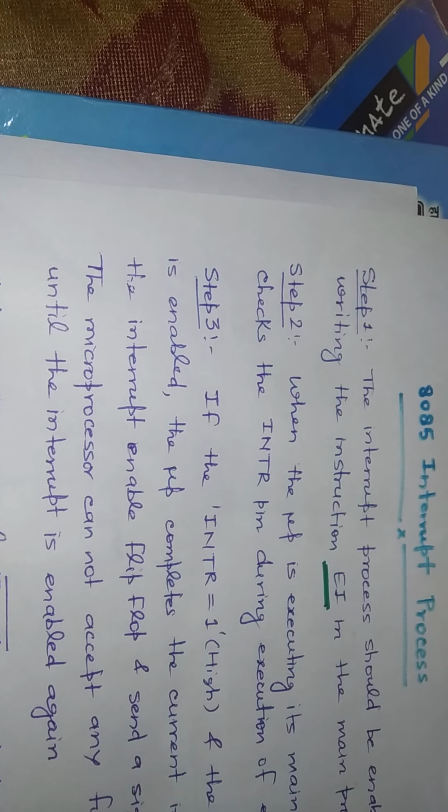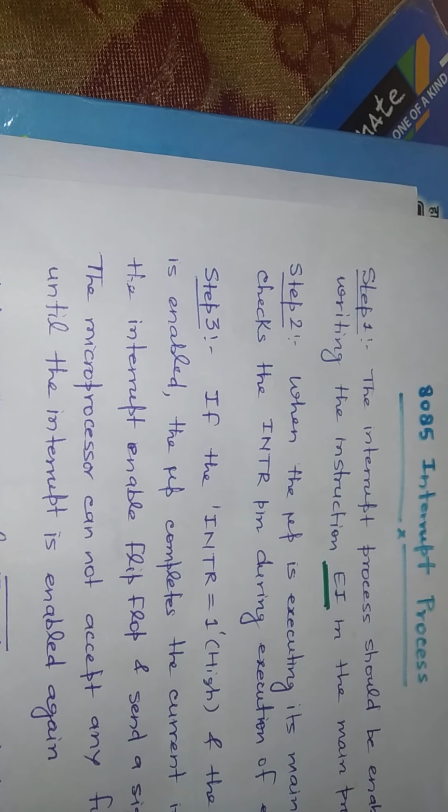After that, program control is shifted to subroutine. In the subroutine, ISR, that is interrupt service routine, is processed. In the interrupt service routine, there should be EI instruction so that interrupt enable flip-flop will be enabled again, so that further interrupt request can be processed after the completion of this interrupt.